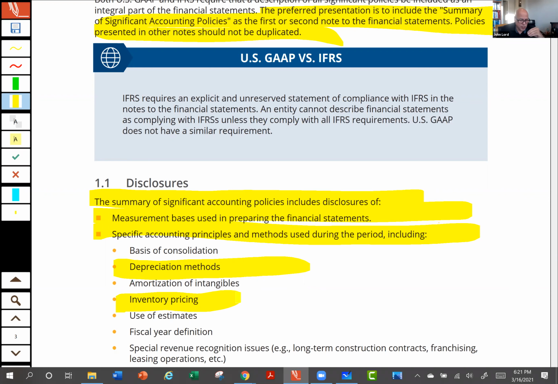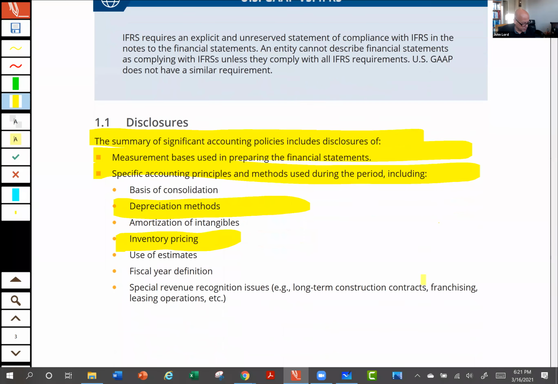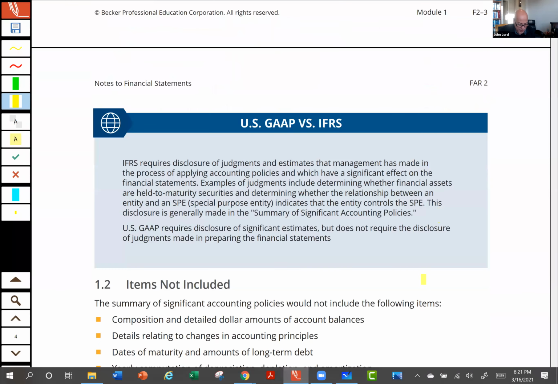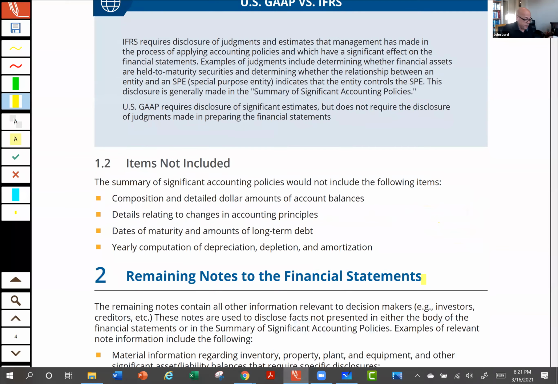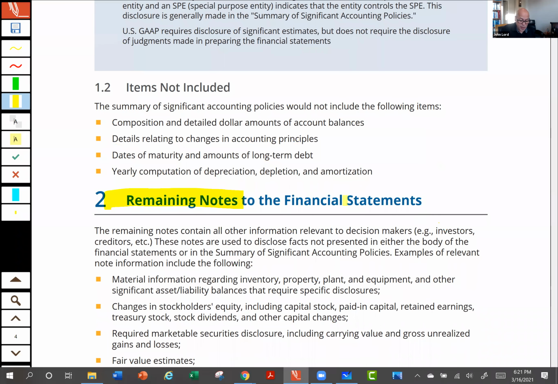Throughout the discussion, we're going to see all kinds of different disclosure requirements. But what we're asking in this chapter is, do you know the nature of things that constitute summary of significant accounting policies? So you come over to the next page and they say the remaining notes to the financial statements, but that's a kind of backwards way of saying these are not summary of significant accounting policies.